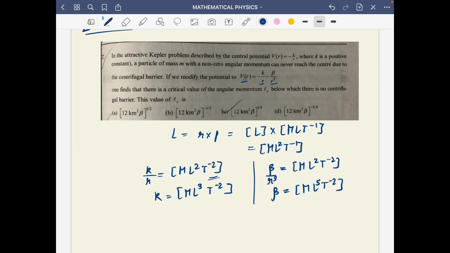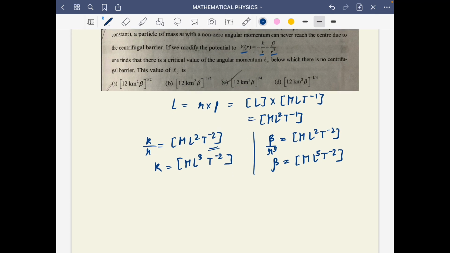Now we will put the values in k m square beta, since it is common in all the options. What is m square? This is mass squared, so M squared times M L to the power 5 T to the power minus 2.